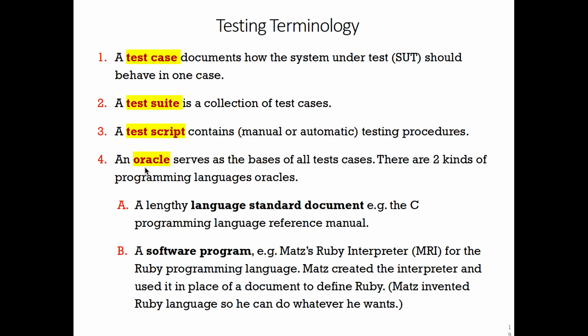There are two approaches people use to specify the Oracle. In the old days, the reference manual is the most common Oracle. For example, in the C programming language, a committee created a C reference manual, and in the manual they explain the meaning of each word in the program and what is allowed and not allowed, and they describe it in a very lengthy document, several pages long for the C programming language.